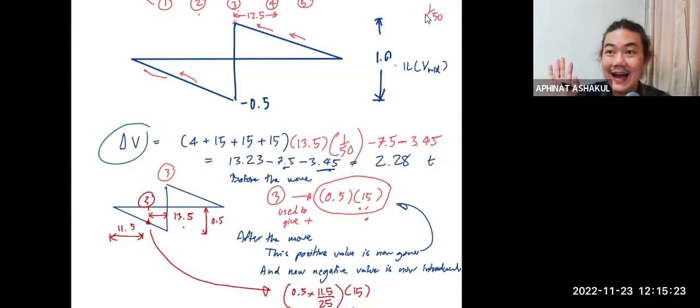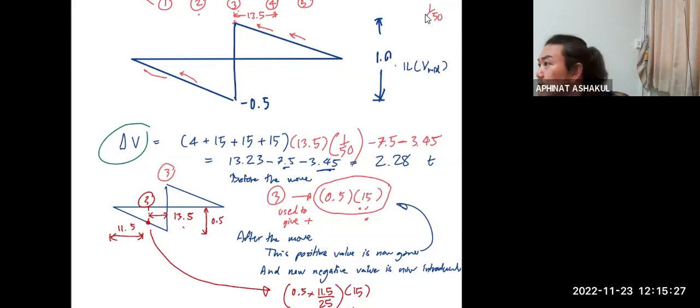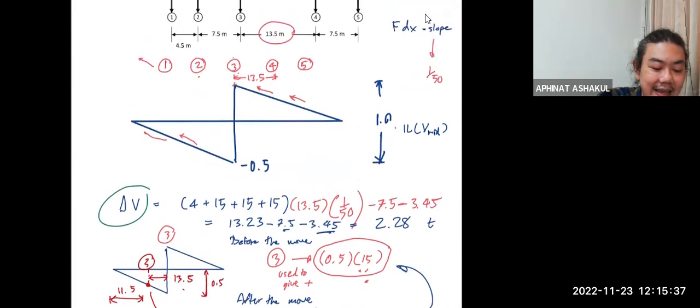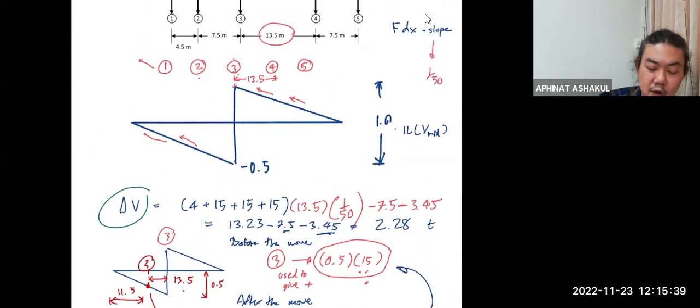Now, let us go back and look at this. We all know by now that load number 1, 2, 4, and 5, they will give you the same result.